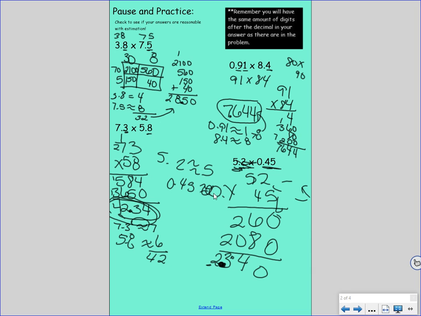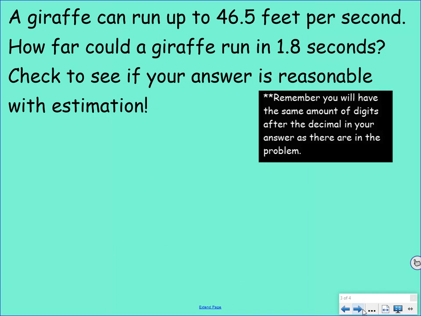And we know 0 times 5 is 0, which is close to the number 2, which is the whole number in our answer. So this answer makes sense. Let me see if I can circle it without ruining everything. There, not too good. So our answer should be 2 and 340 thousandths for that problem.